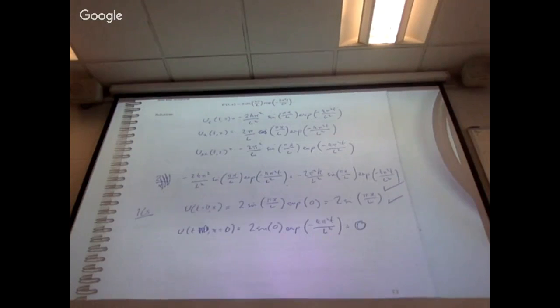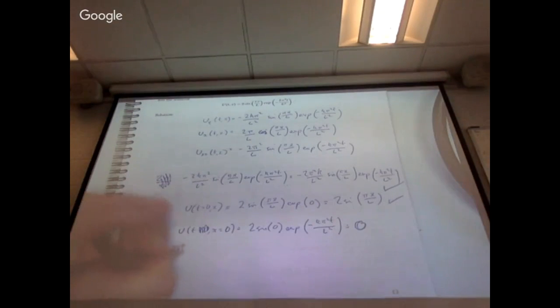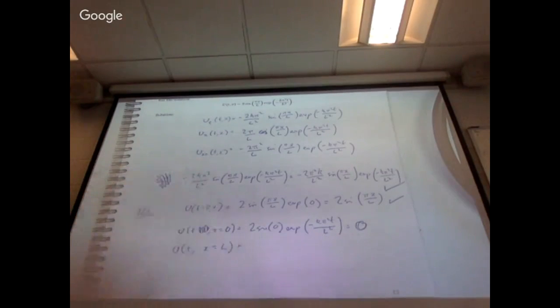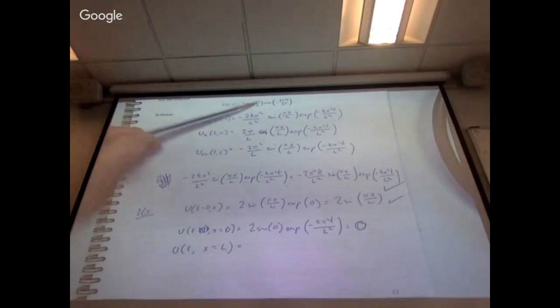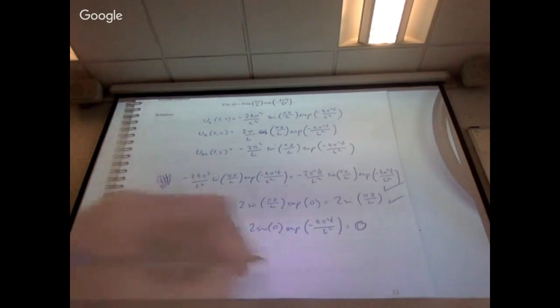Got to look at the other boundary now. So the other boundary is when x equals L. So it's right at the other end of the bar. Okay, so if I set L into x here, I'm going to have pi times L over L, which is just going to be pi.